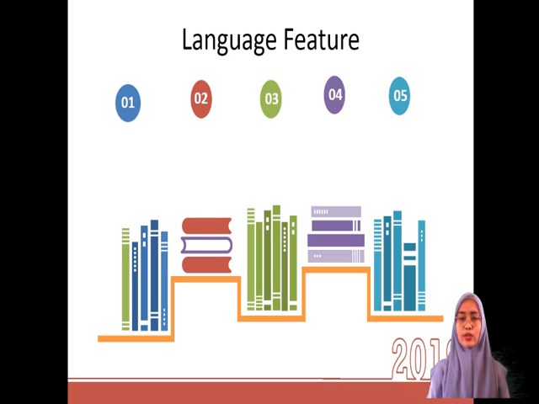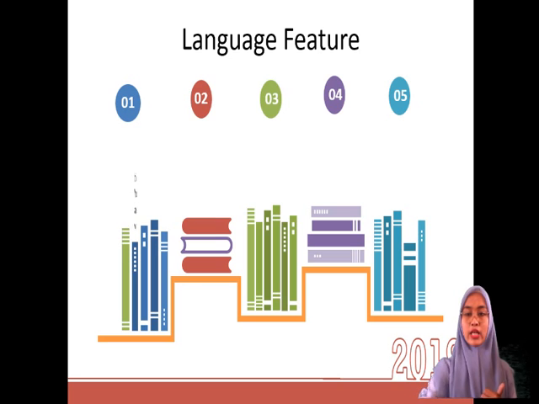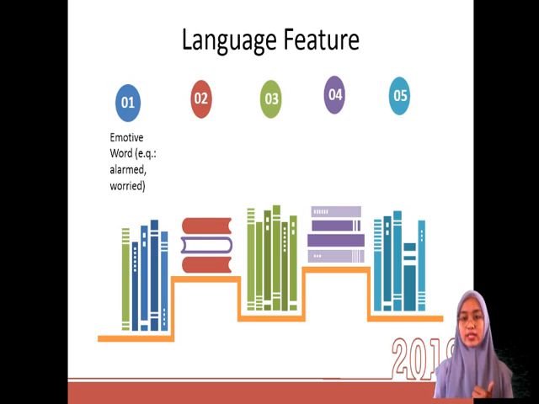And then the text usually has characteristics of language features. What are the language features of the text? Analytical exposition has five language features. I show you. The first one, analytical exposition text usually uses emotive words, for example admit, worried, and so on.